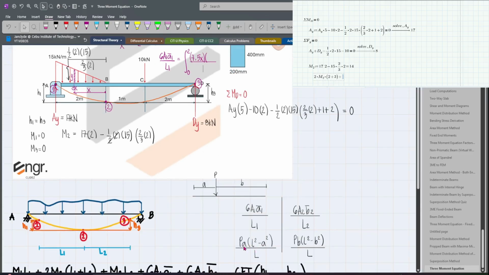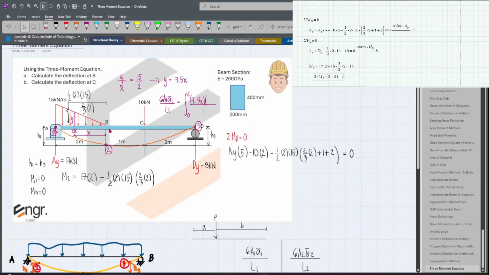A is the distance measured from the left. So if this is x, I hope na agree lang that this distance from the left going to the strip, diba, this would be 2 minus x. 2 meters yung buong distance na yan, then minus x. So we have PA. Move ko na lang to.